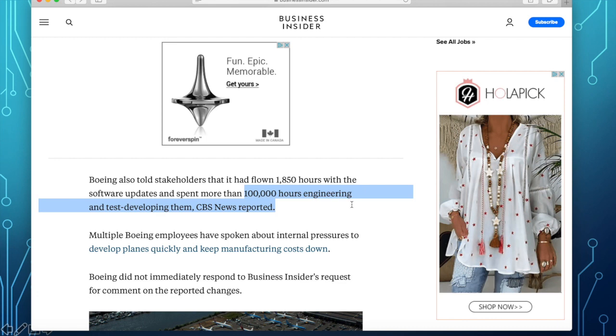So that would be what? 1,920 hours in a year. Okay. And you divide 100,000 by 1,920.